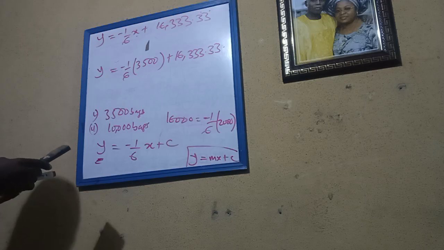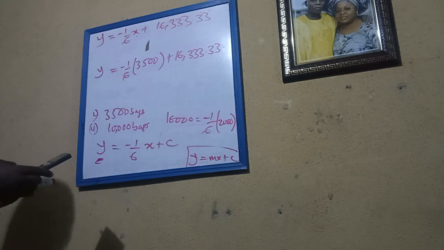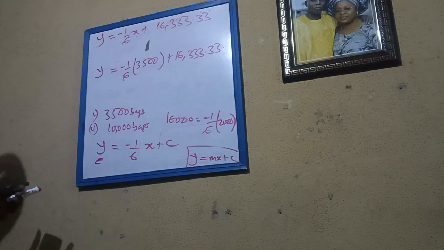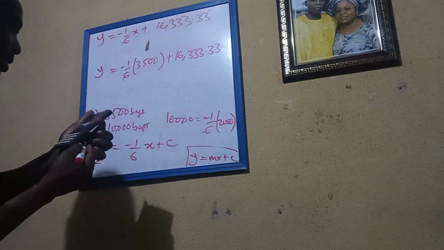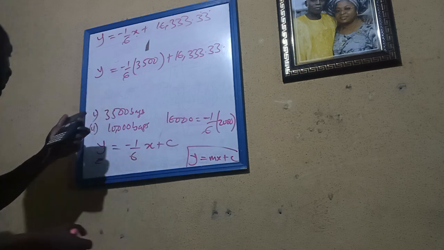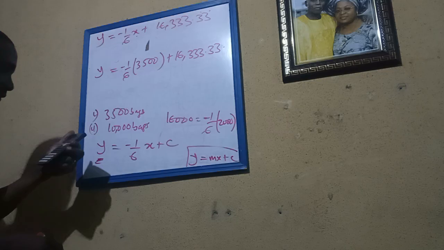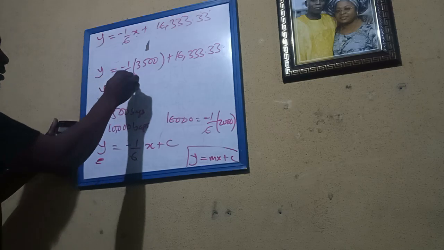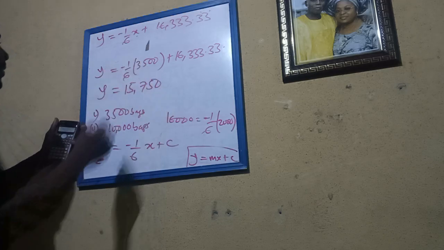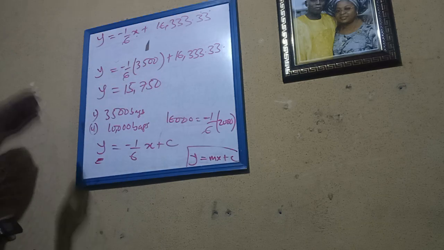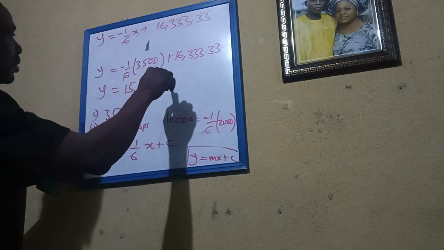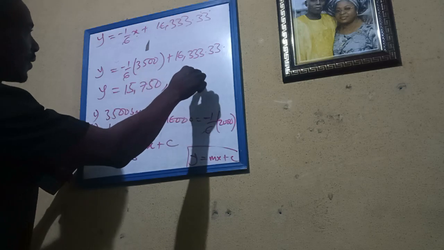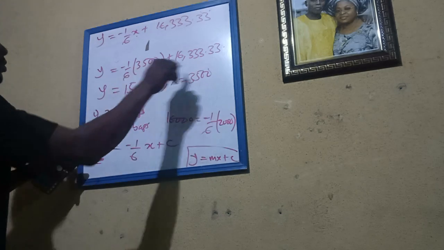I'll just add it directly to 16,333.3333. And that gives me y will be 15,750 naira. So for a quantity of 3,005, the price will be 15,750.